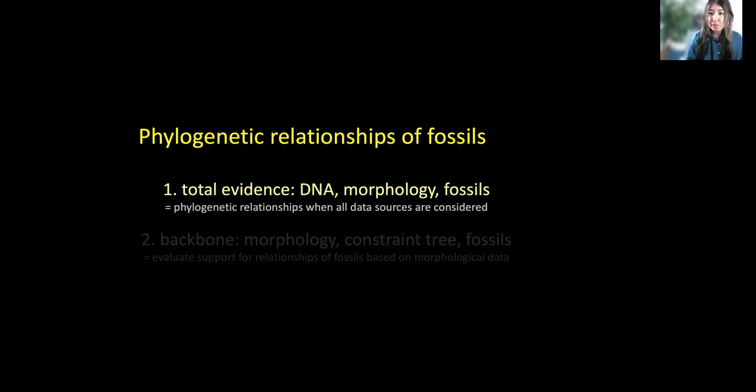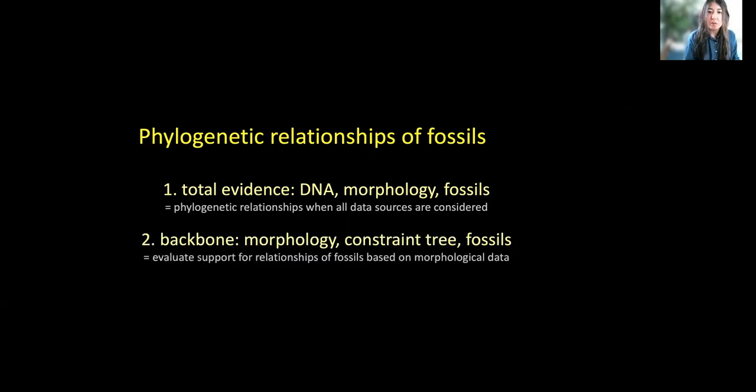So to disentangle these uncertainties and get an idea of how well supported each fossil was in its respective clade, we did a series of analyses using just the morphological data paired with a molecular backbone tree to constrain the position of extant taxa, and then analyzed each fossil individually. So let's take a look at these results. Now, everything I'm showing is based on these backbone analyses, since the results of all of our analyses were consistent.